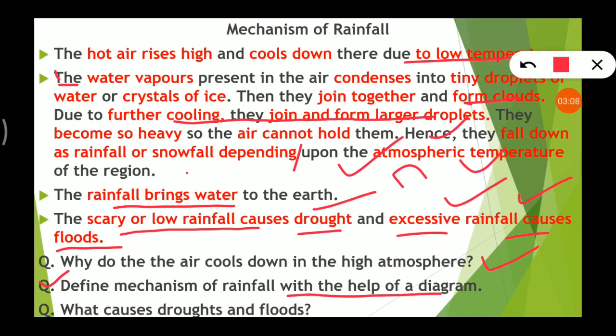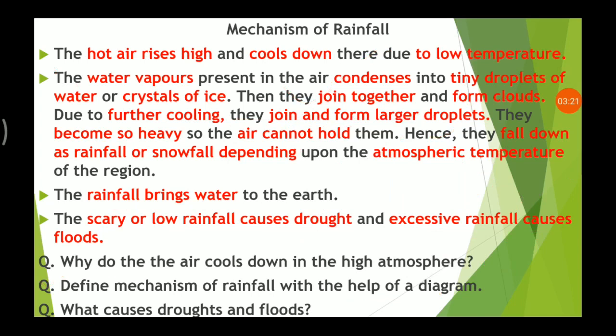So this is the mechanism of rainfall. What causes droughts or floods? So low or scanty rainfall causes droughts, and excessive rainfall causes floods.